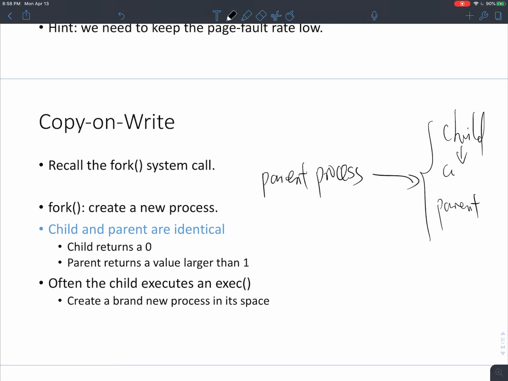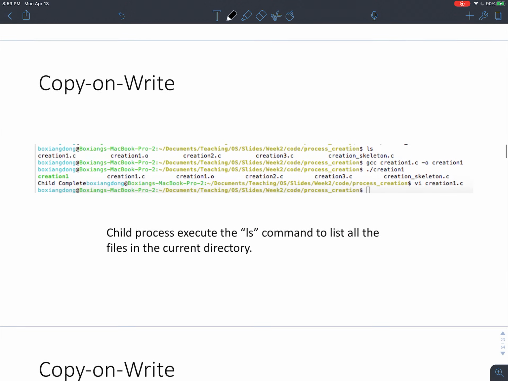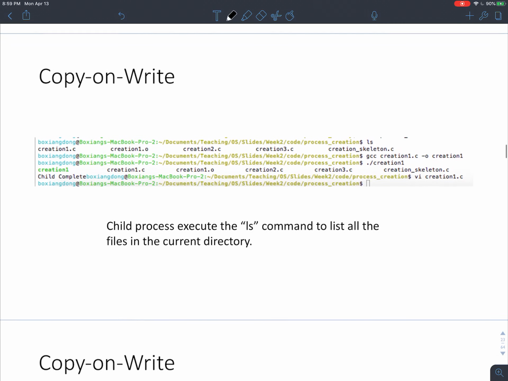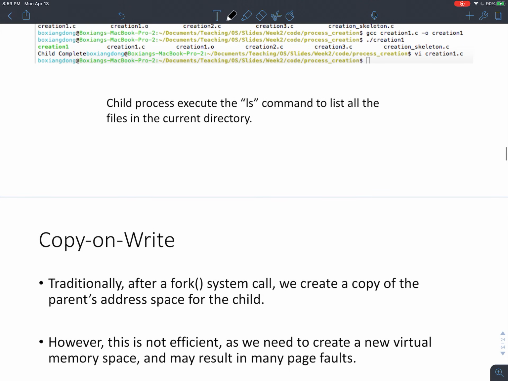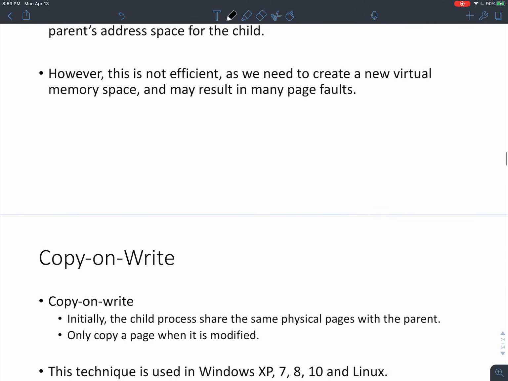The child process needs to copy everything from the parent, copy all the memory space from its parent, so it has exactly the same variables as the parent. So this can cause a big delay in the execution speed.